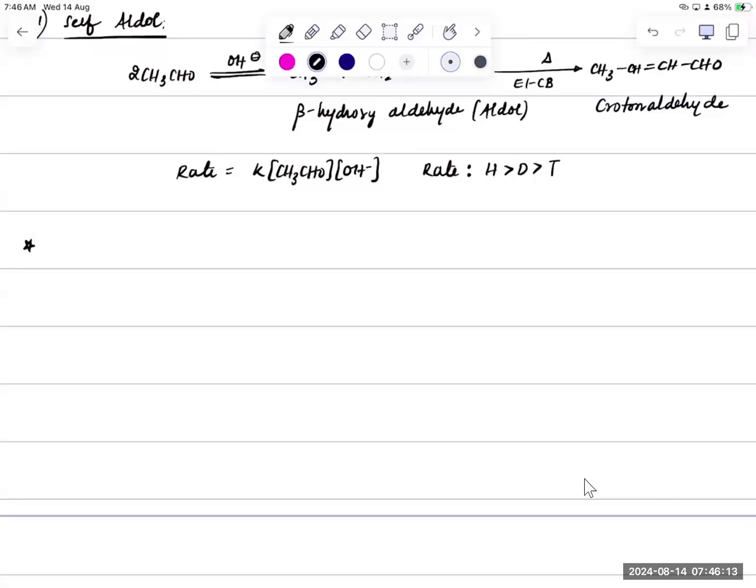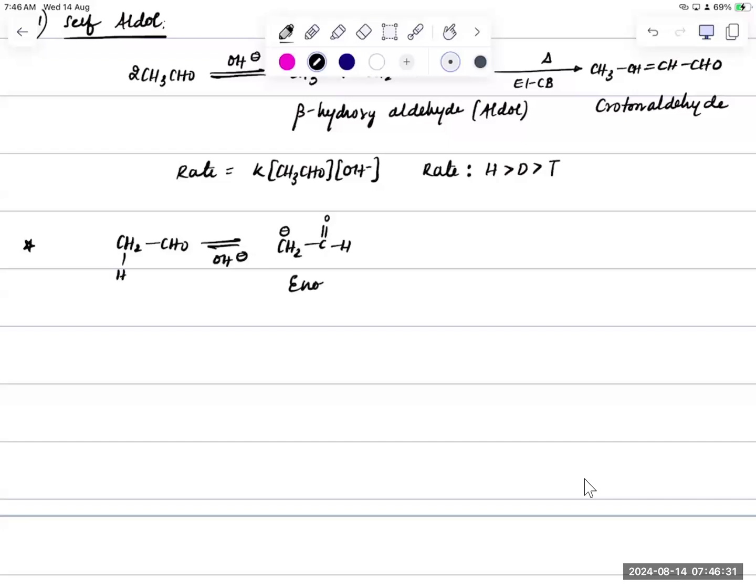I'll write it in terms of steps 1, 2, and 3. The first step: CH3CHO in the presence of OH minus becomes CH2 minus-CHO, which is called the enolate ion.